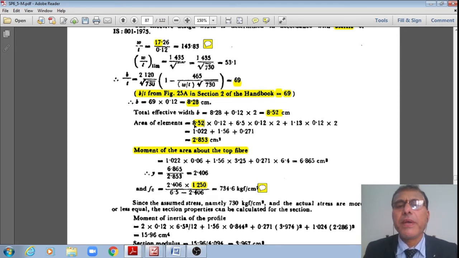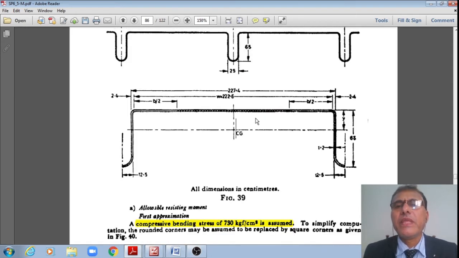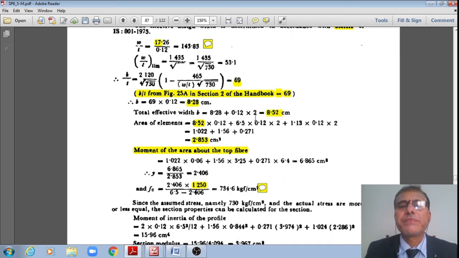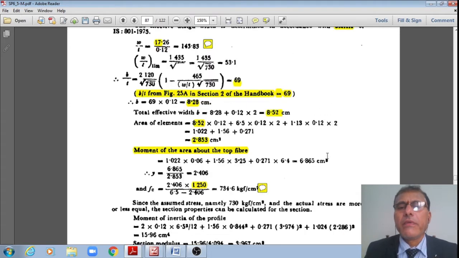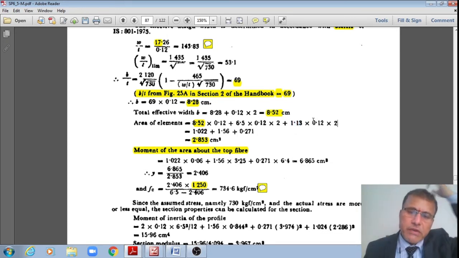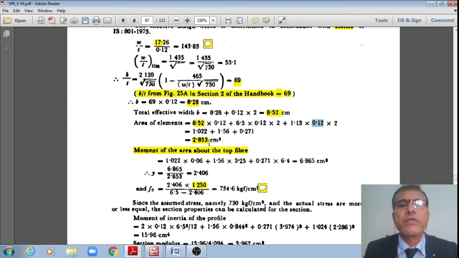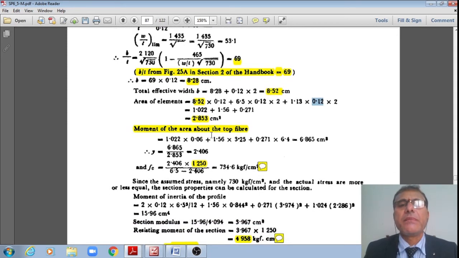Then that of these webs, two webs, 6.5 multiplied by 2 multiplied by thickness of 0.12, and that of the lips, the curved portions here, they are 1.125 or approximately 1.13. There are two such curved portions with the thickness of 0.12 centimeter, right? Now, therefore, it works out to 2.853 centimeter square.